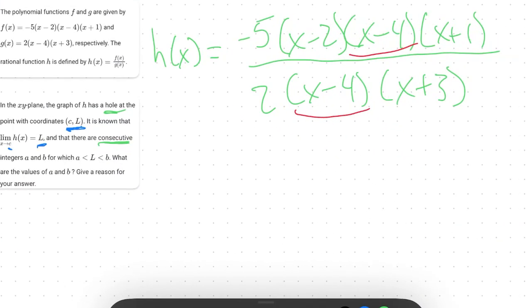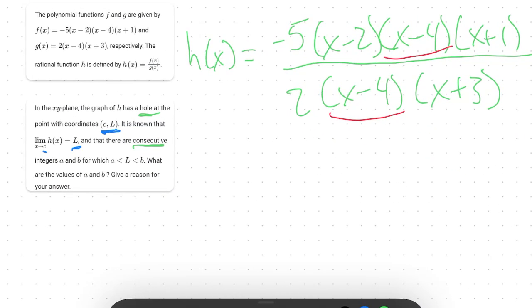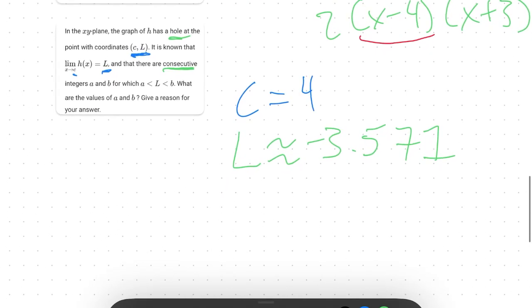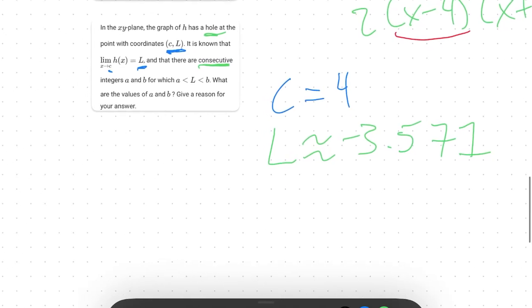So I'm just kind of doing one thing at a time. So C, right, is 4. And here in this case, L will be negative 3.571. We should really state that this is an approximation. This is not an exact value. So I have C. So let me just write this.